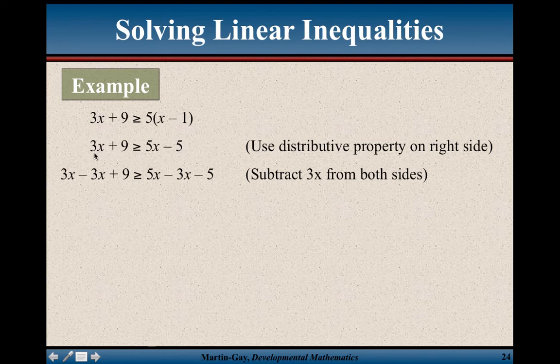So, tignan natin. Yung 3x, kunin natin yung opposite sign, that's negative 3x, and then negative 3x din sa kabila. This is equal to 0 plus 9, greater than or equal to 5x minus 3x minus 5, and that is 2x, di ba? 5 minus 3 is 2.